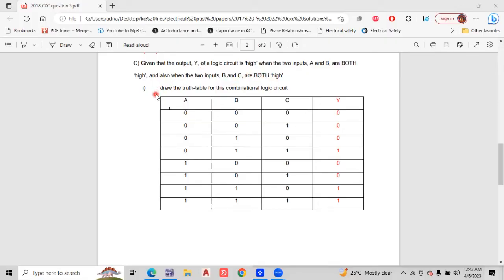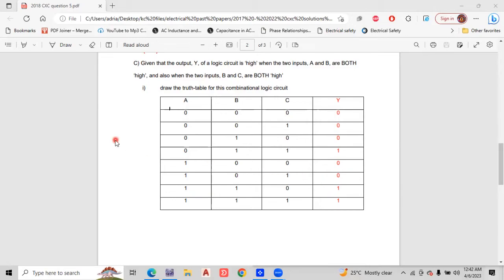Part 1 of C says draw the truth table for this combinational logic circuit. So here I have the truth table. As I said before, where the input side of the truth table is concerned, all you have to do is to enter the number of possible inputs where ones and zeros are concerned.